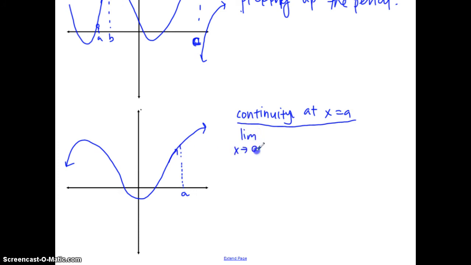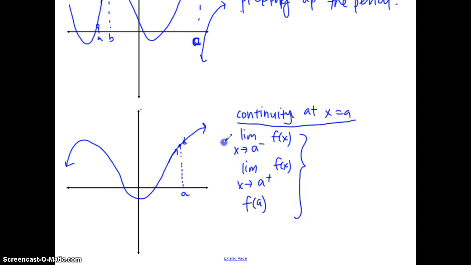The limit as x approaches A from the left, and the limit as x approaches A from the right, must exist, so it can't be positive or negative infinity, and it has to be equal to f of A. If I plug in A, it must give me an output that's exactly the same as the limit.